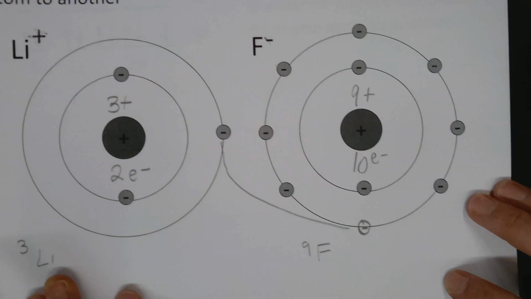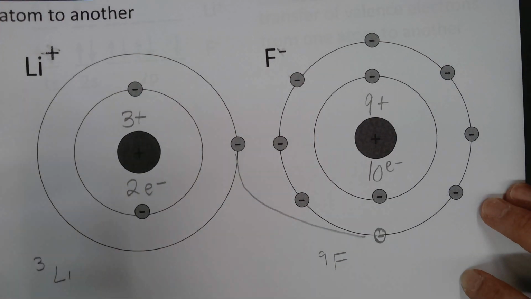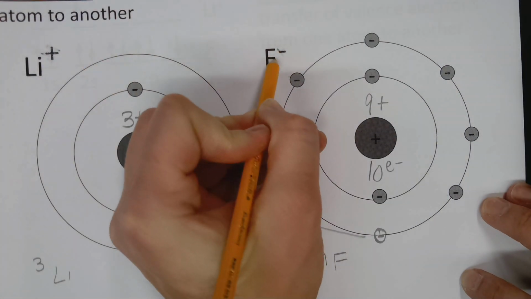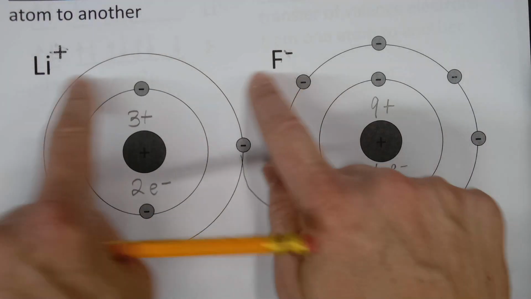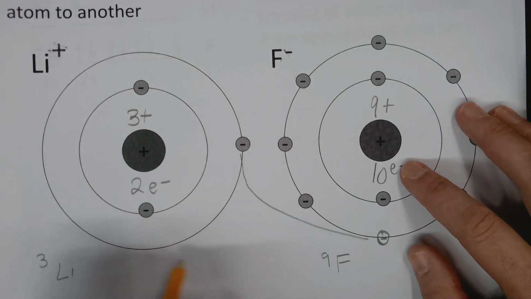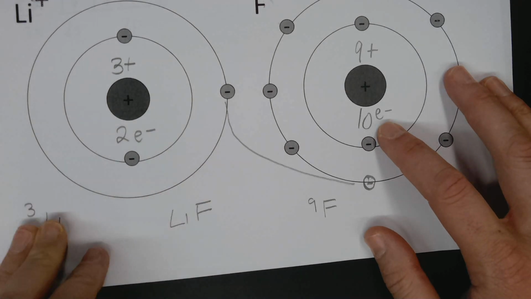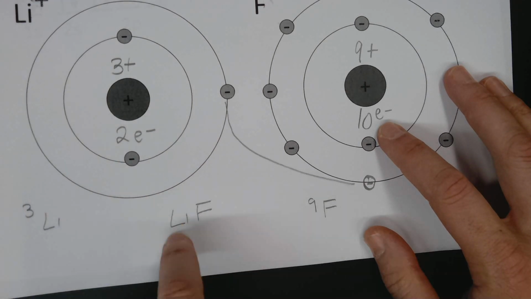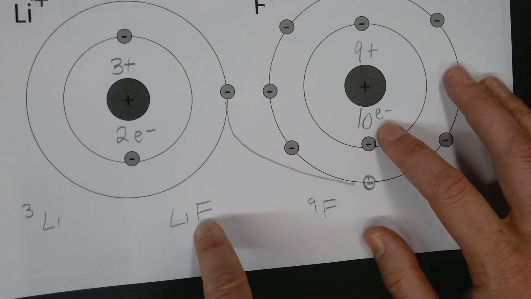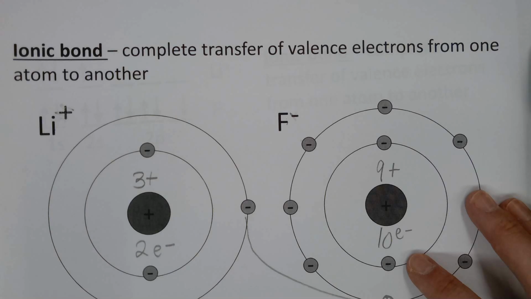And what did we talk about earlier in the year? If you have opposite charges, opposites attract. And so you get lithium fluoride because the positive ion or the positive atom is attracted to the negative. So that's an ionic bond.